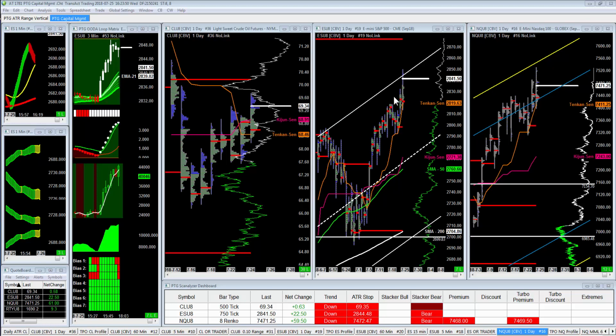And so we're starting at the larger degree, and then as we flip each card over or change the page, we start drilling down into the execution, more granular type charts.